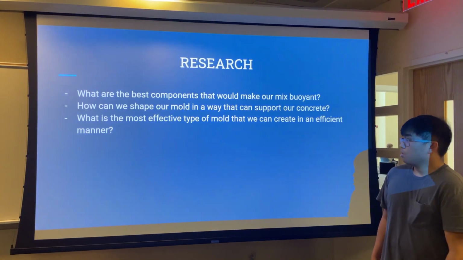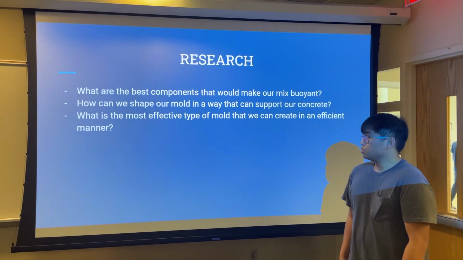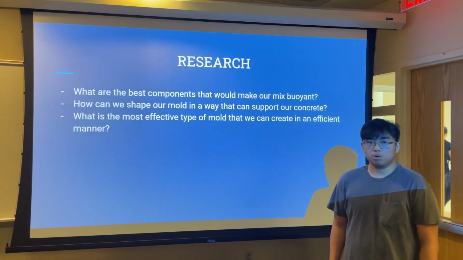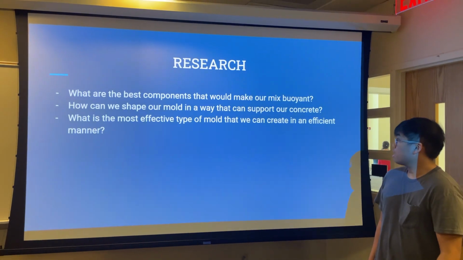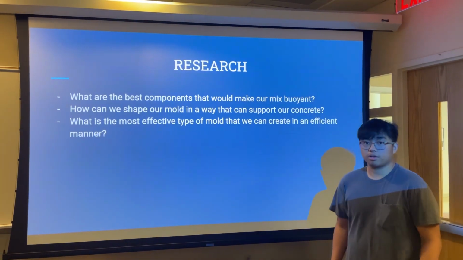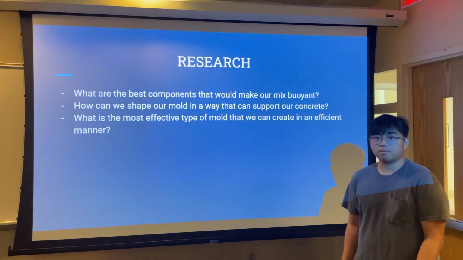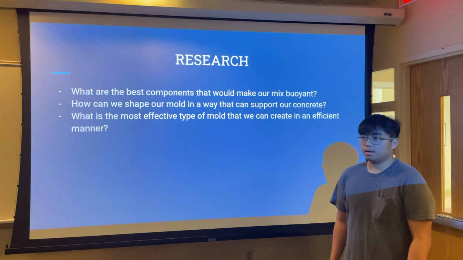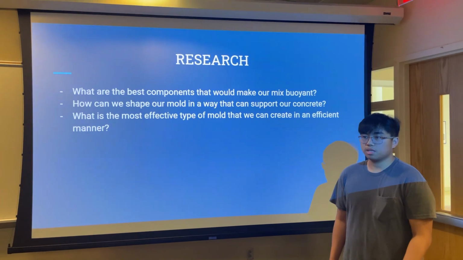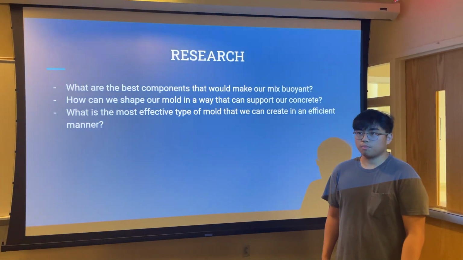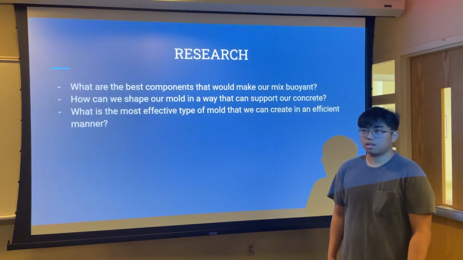And we drew out and cut out a styrofoam mold that supported our concrete canoe, and we believe it is the most effective type of mold because it's much easier to handle and it's easier to measure and create the mold.